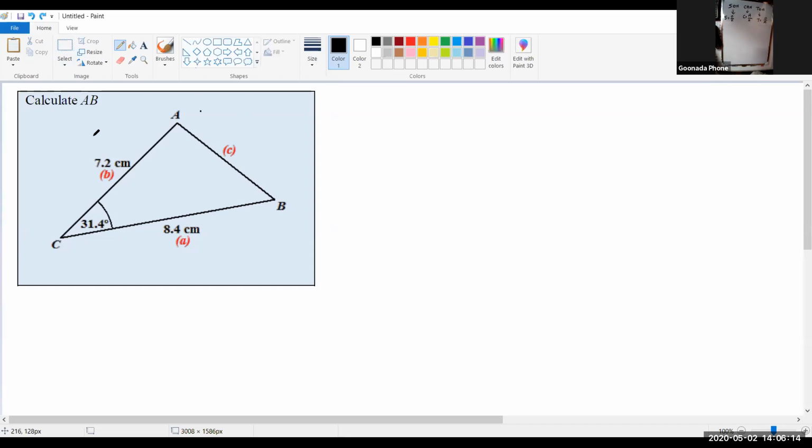So c squared is equal to a squared plus b squared minus, and the reason I'm using this is because we are given a squared and b squared, and we have to find c squared. That's why I put c squared in front.